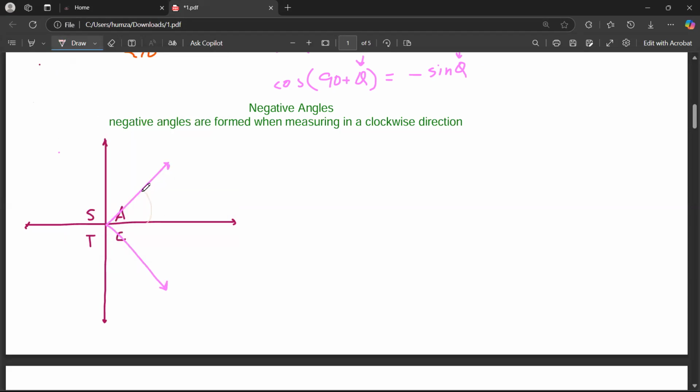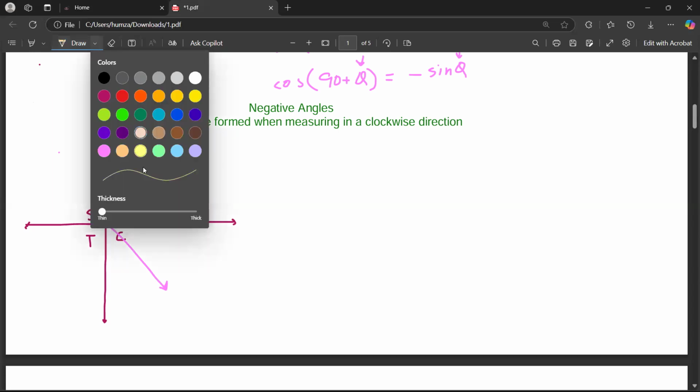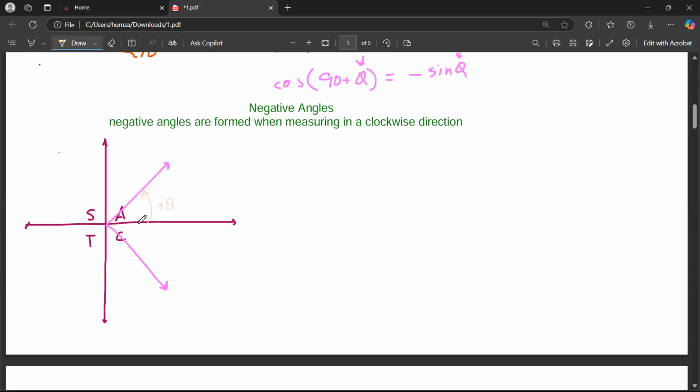So if I measure theta from here in the anti-clockwise direction, all the positive values of theta I will get in the anti-clockwise direction. But if I move towards the clockwise direction, I will get all the values of theta negative.